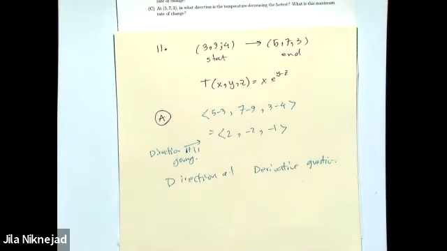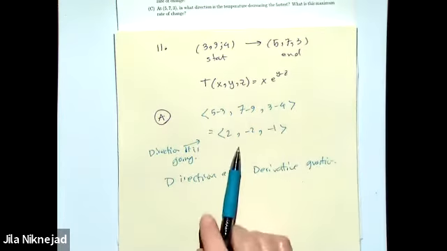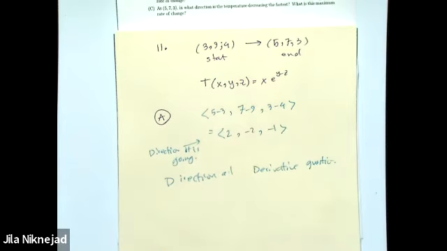Directional derivative makes sure the direction is a unit vector. The formula that we got with the dot product, the direction has to be the direction. Don't go with the points. Go with the direction, and make it a unit vector.